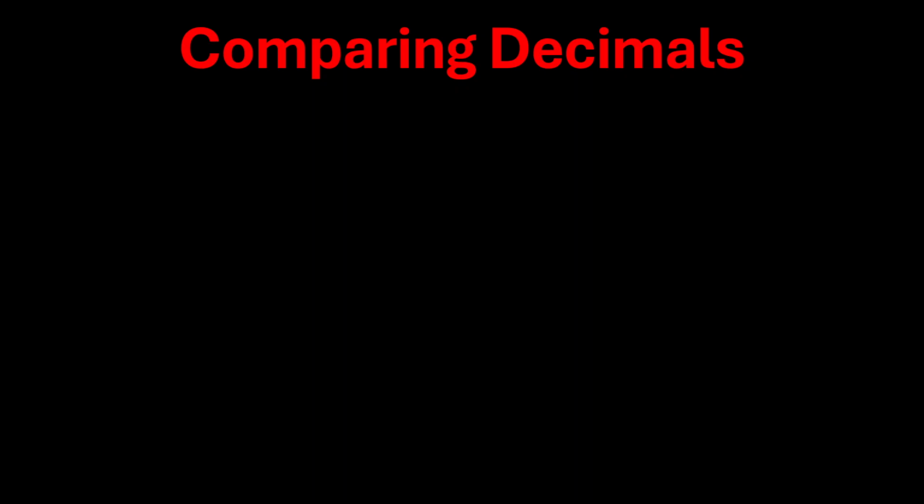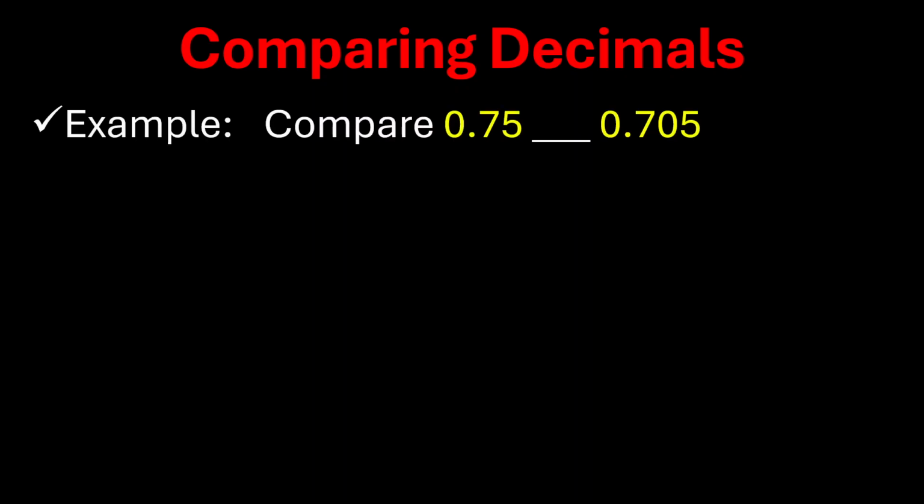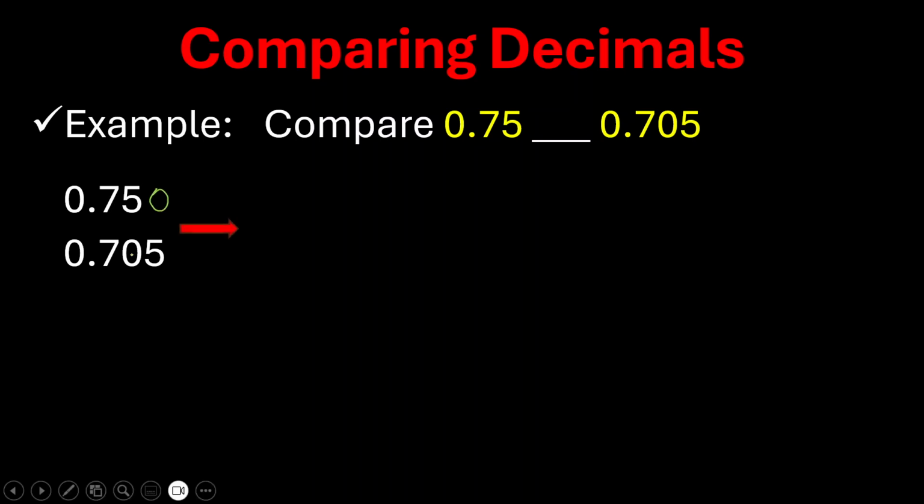Now comparing decimals. So compare the two numbers. First, line them vertically. So 0 with 0, 7 with 7, 5 with 0. And you can here add 0. So now to compare these two numbers, first we compare 0 with 0, equal.